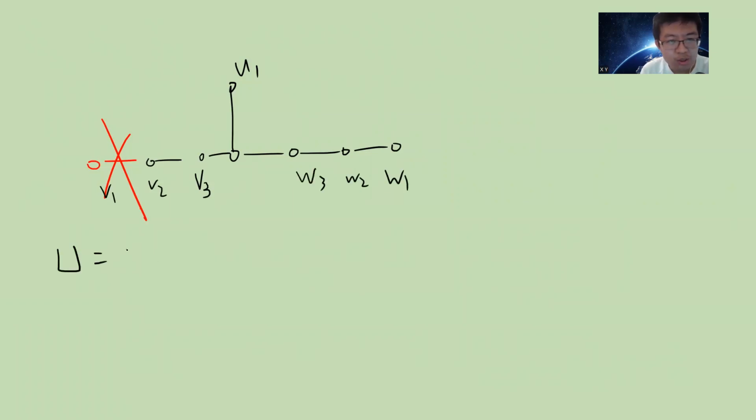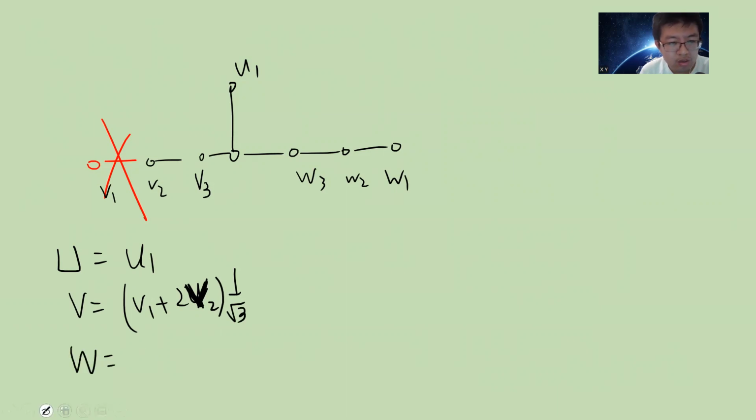So let's take U to be U1, V to be V1 plus square root of V2. And W to be, sorry, there should be 3 terms.